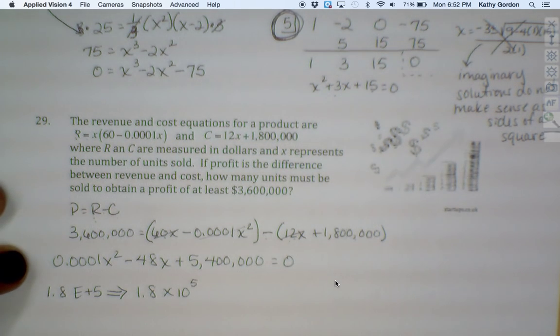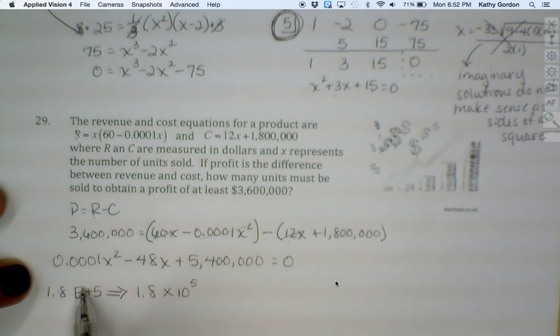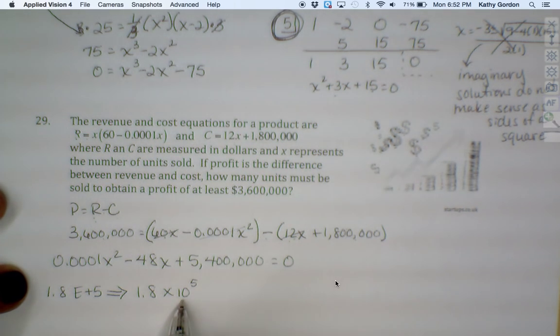That's how calculators write their scientific notation. Anytime you see this e between some decimal and then some positive or negative integer, it's the calculator's way of telling you that it's scientific notation and we need to take 1.8 times 10 to the positive 5 power.